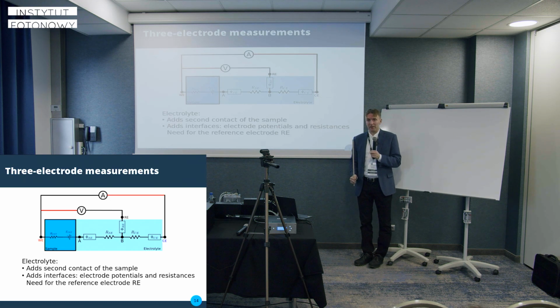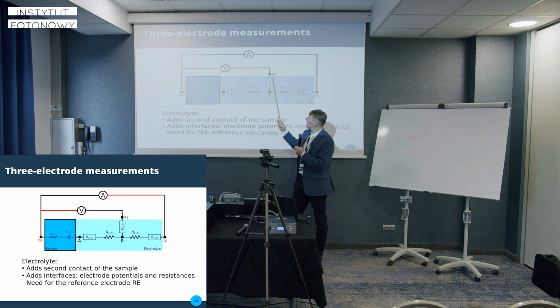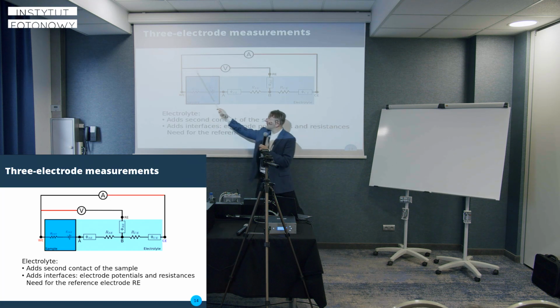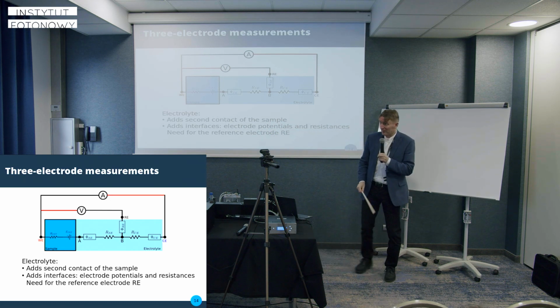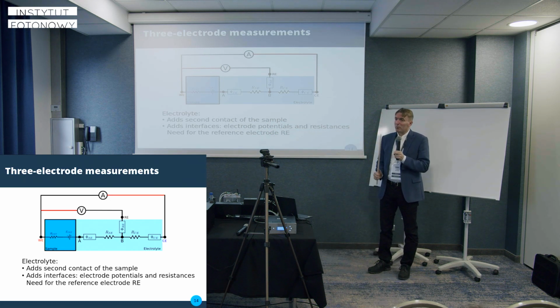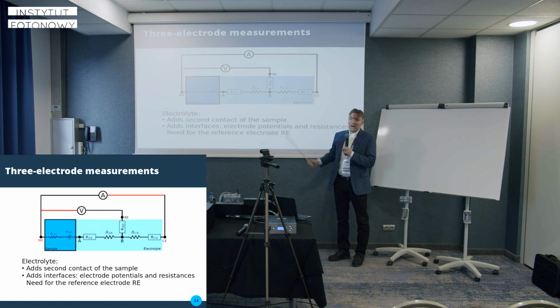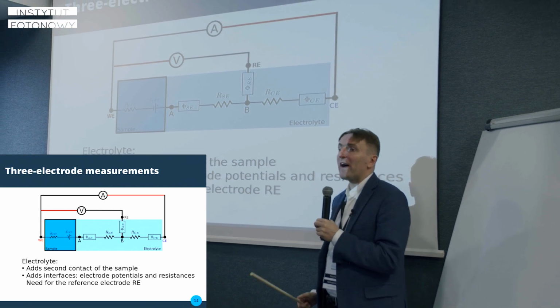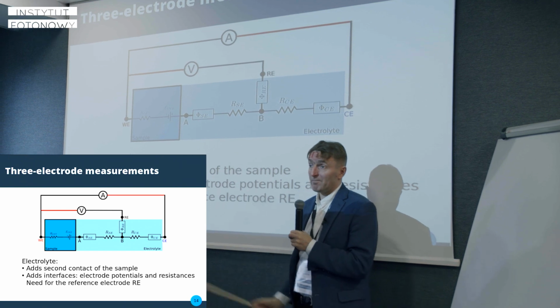So we won't be maintaining potential between those 2 points, but between those 2 points. Which potential we'll get to in a minute. This way, this half-cell potential will not affect the measurement of potential because there is no current going through that circuit.